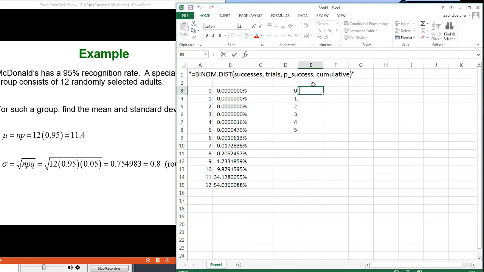And coming up to bat 5 times, let's say that his batting average is .295. Okay, BINOM.DIST. Okay, and we're going to look at the case of 0 hits, 1 hit, 2 hits, 3 hits, and so forth.